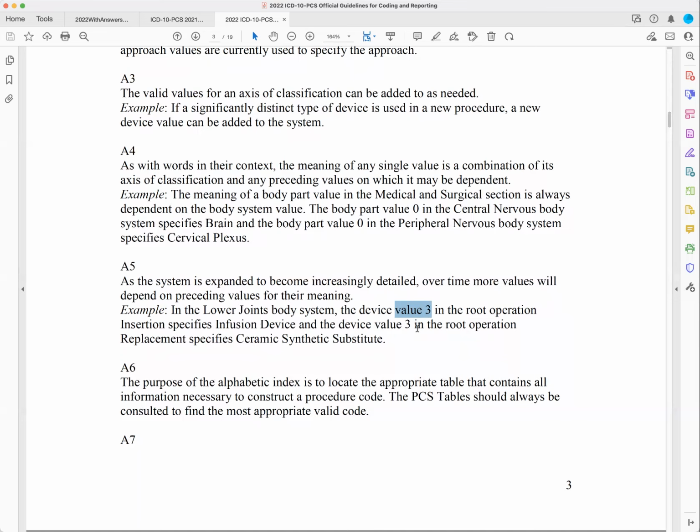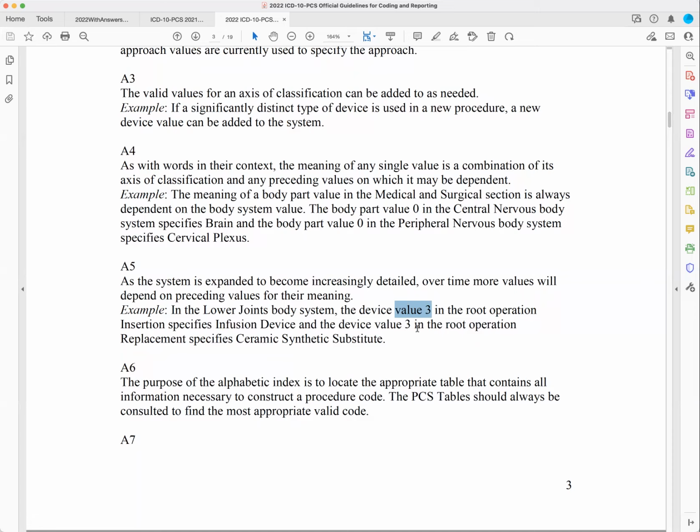The ones that are going to be common to you are the sections, because you're going to know that everything in the medical surgical section begins with the first character 0. 0 represents medical surgical section. 1 represents obstetrics section. So you might start to remember the character meaning for that first character in terms of what section you're in.